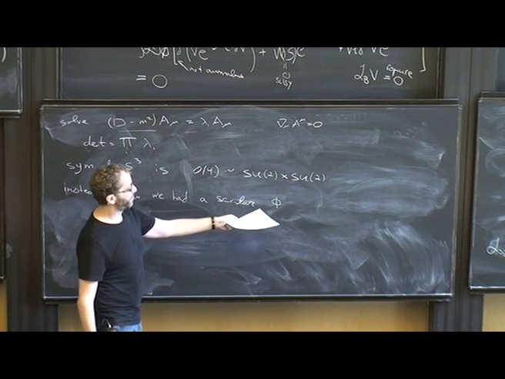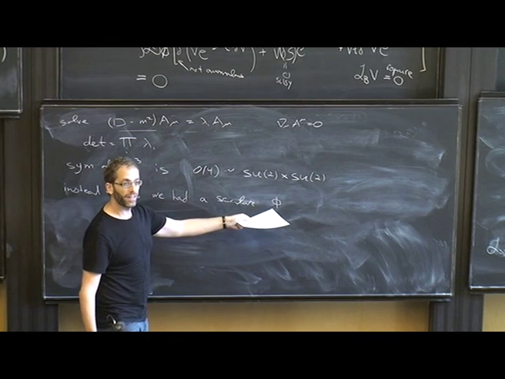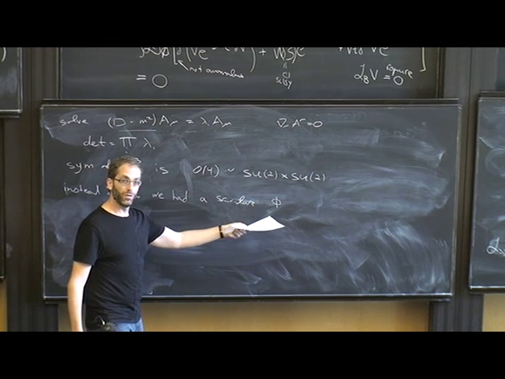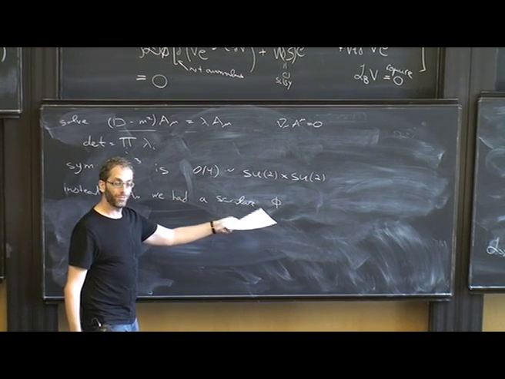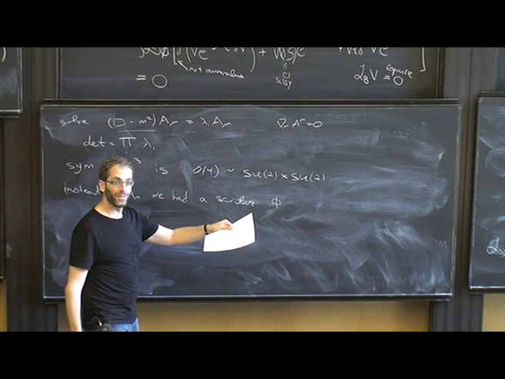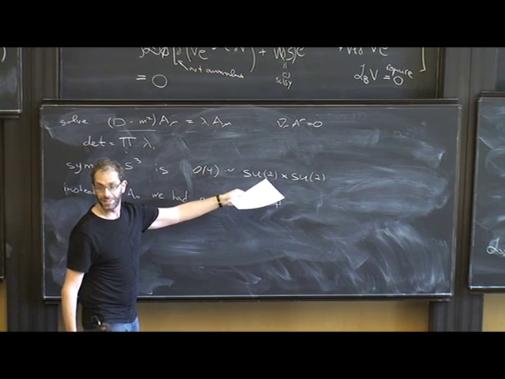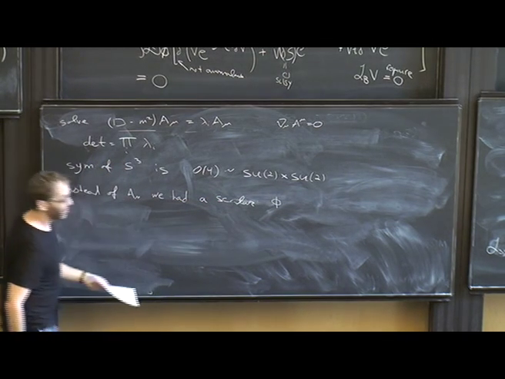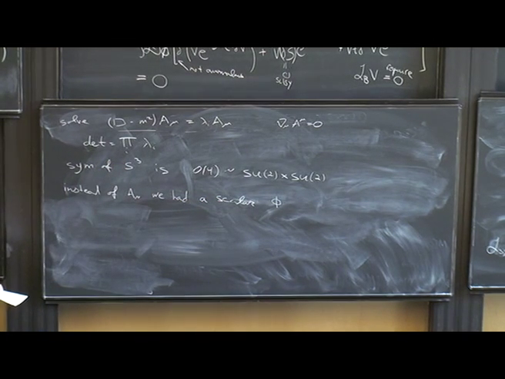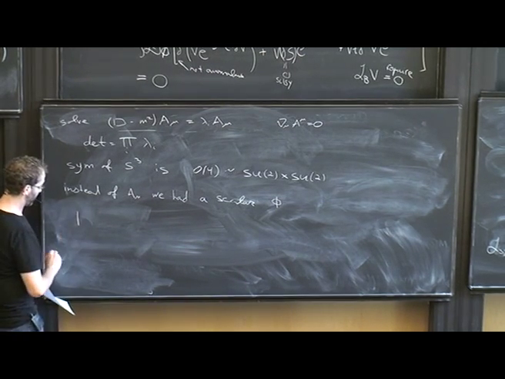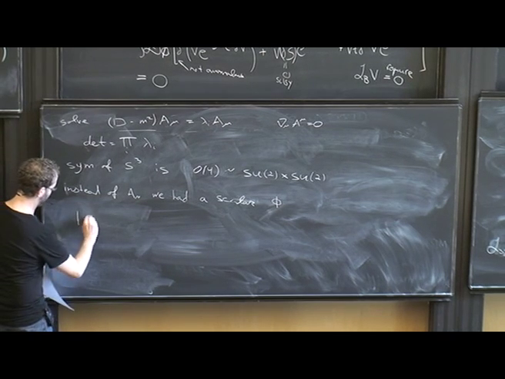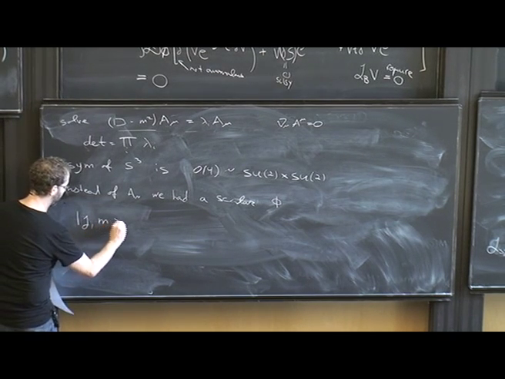So what are the representations? If I had a harmonic analysis on S2, what is the symmetry of S2? SO3. SO3 is SU2, more or less, right? If I had a scalar on S2, what are the allowed modes? How do you label them? L and M, yes. I'll call it J and M.